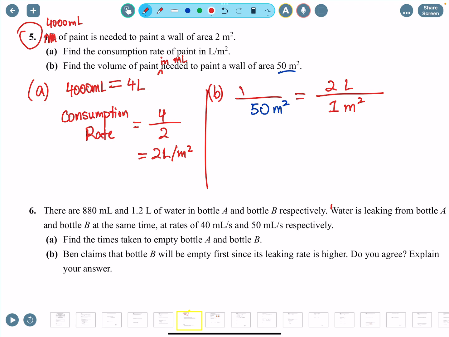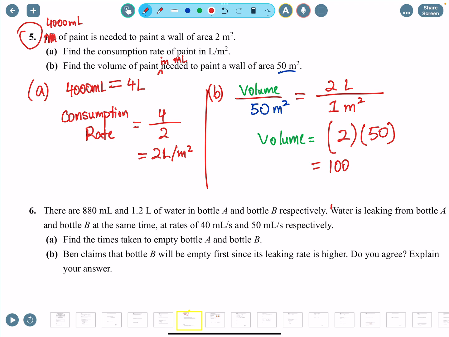And then we need to find the volume, so let's just put volume here. So volume equals 2 divided by 1, which is just 2, so I'm just going to do 2 times 50. 50 goes to the right, becomes times. If it's divide on the left, it's times on the right. 50 times 2 is 100.